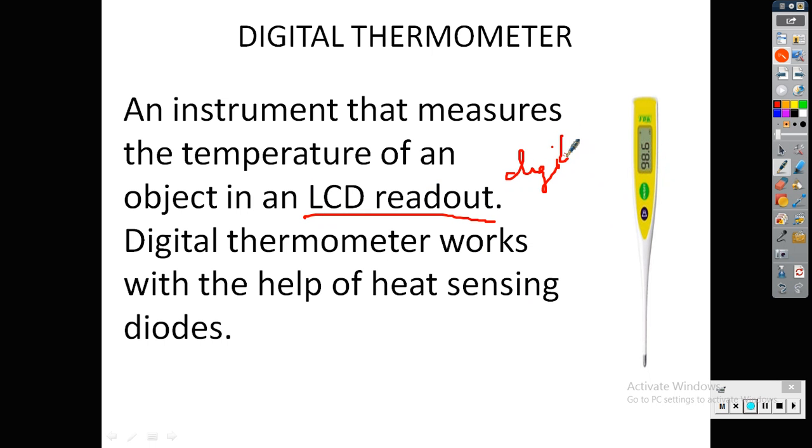That type of thermometer we call a digital thermometer. There is no mercury inside the digital thermometer. A digital thermometer works with heat sensing diodes.